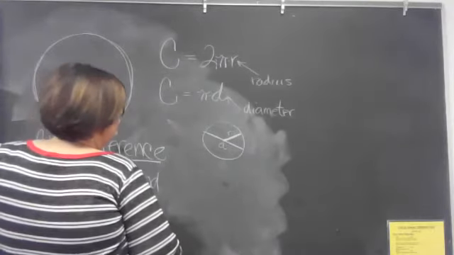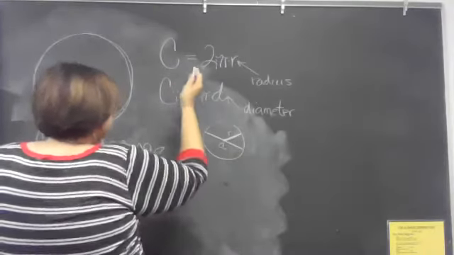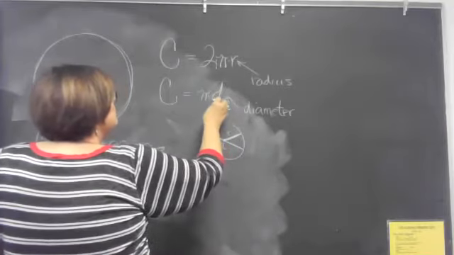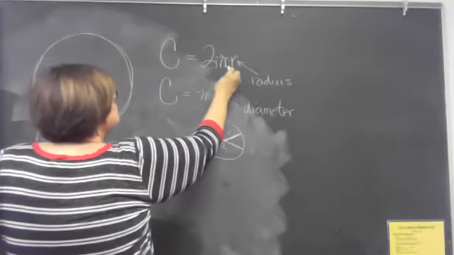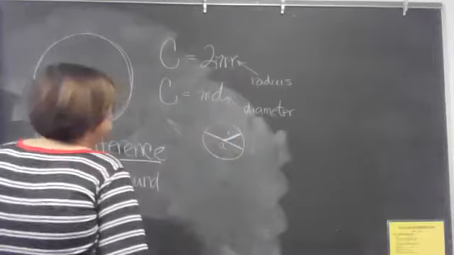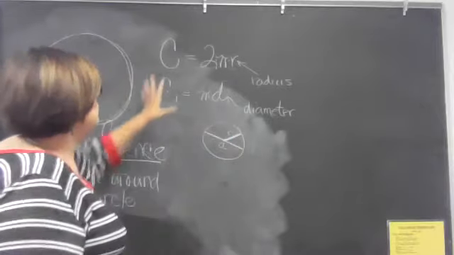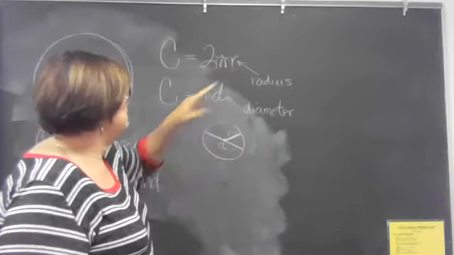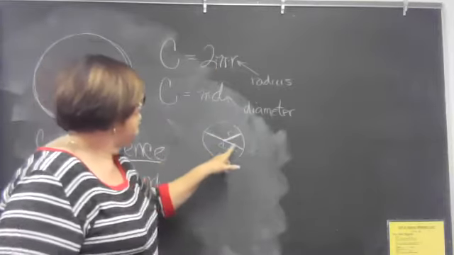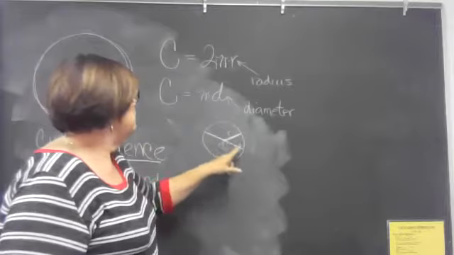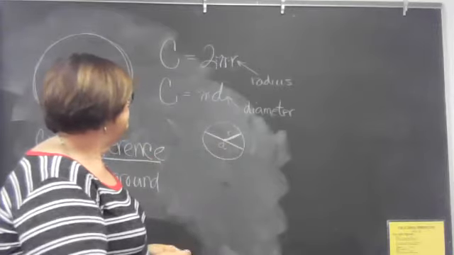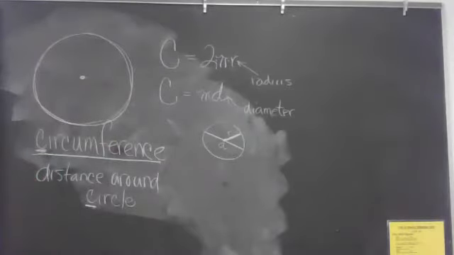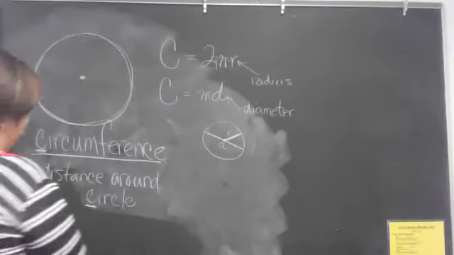But if you look, they're really the same because diameter equals 2 times the radius. So it's really the same formula. But this is for convenience. So if the problem gives you the radius, use the radius. If the problem gives you all the distance all the way across, use this formula. Everybody, am I confusing you? I hope not.